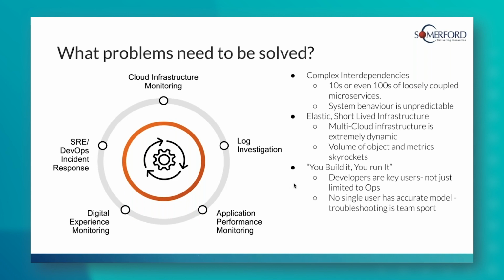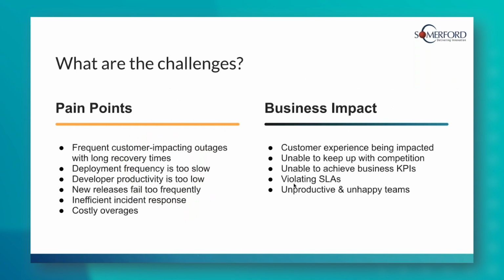It becomes increasingly difficult for any one individual or small group of people to have full insight into everything. I quite like this phrase at the end here, troubleshooting becomes a team sport. Very much so. All the different teams need to have access to key information to be able to troubleshoot when things go wrong. That's what we look to provide.